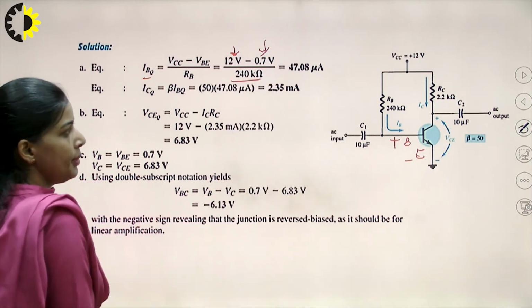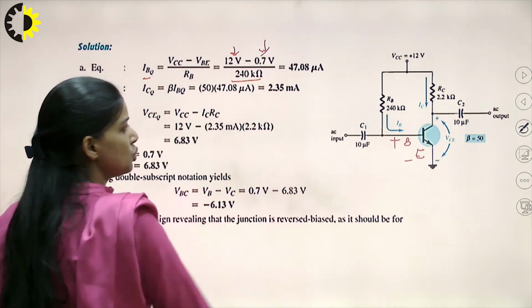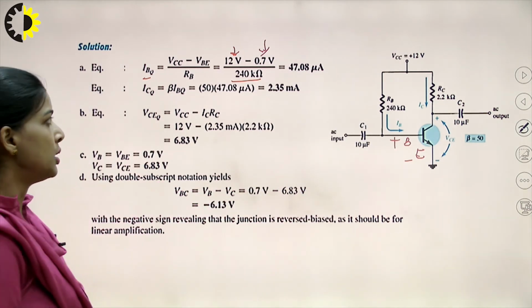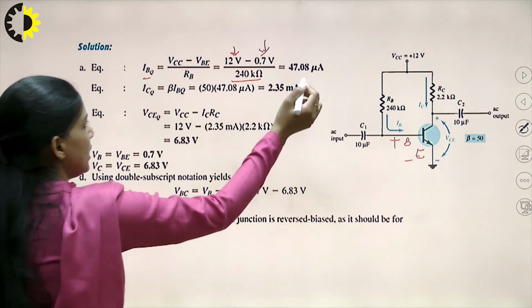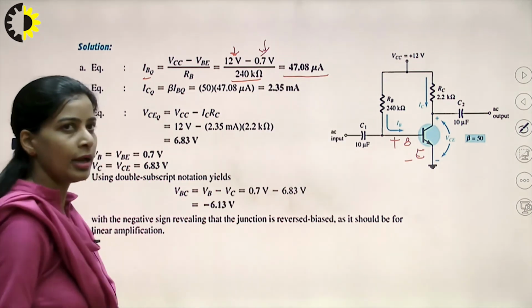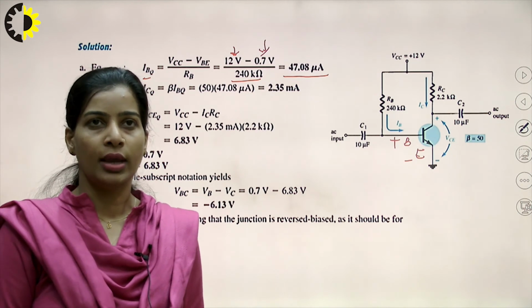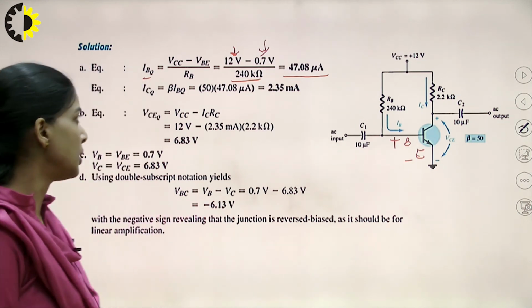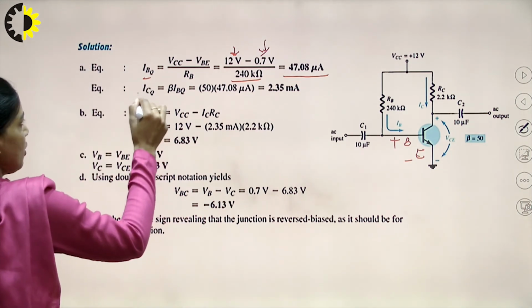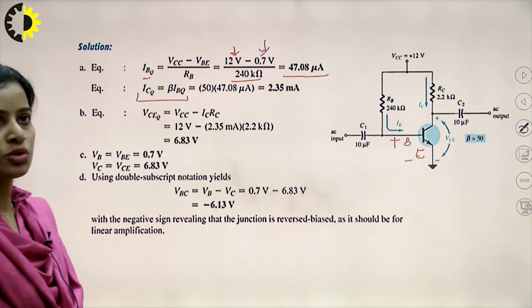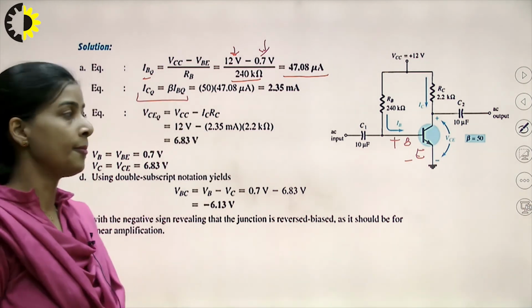RB, the base resistance, is given as 240 kilo ohm. Placing these, we get the value of current IB as 47.08 microamperes.